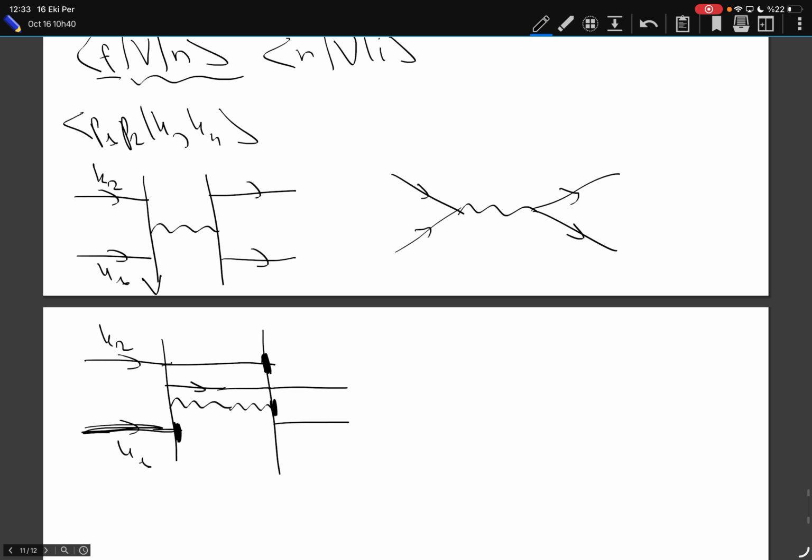In the other diagram, one of them will emit a photon and the other one will absorb it. These are the two diagrams I have. At this point, this particle is annihilated and another particle with another momentum is created.